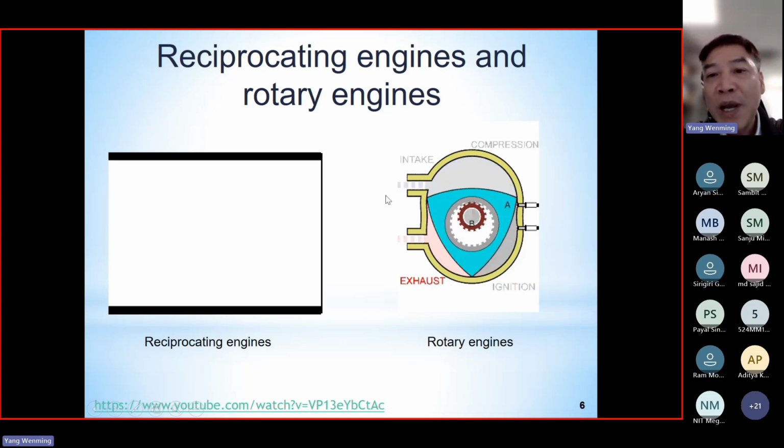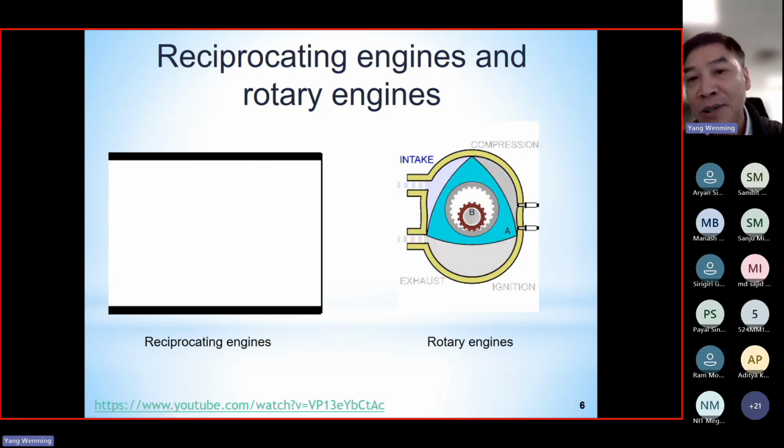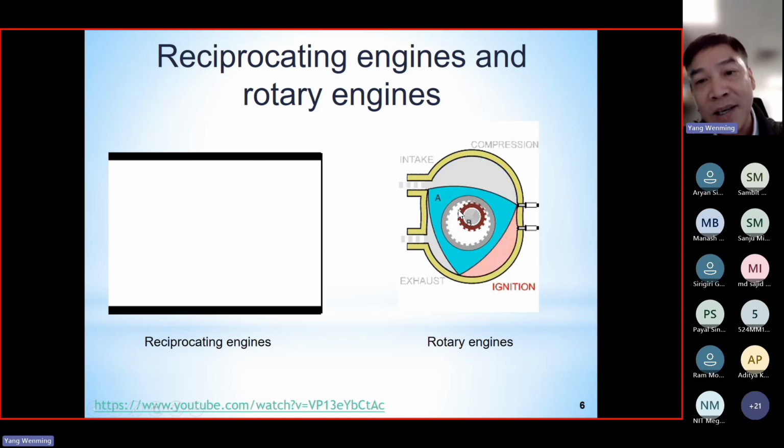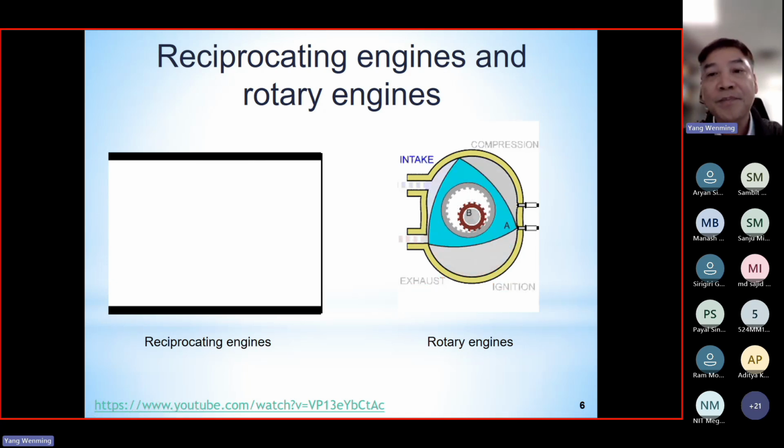And you can also see that for the rotary engine, the fresh charge is delivered to the engine continuously.